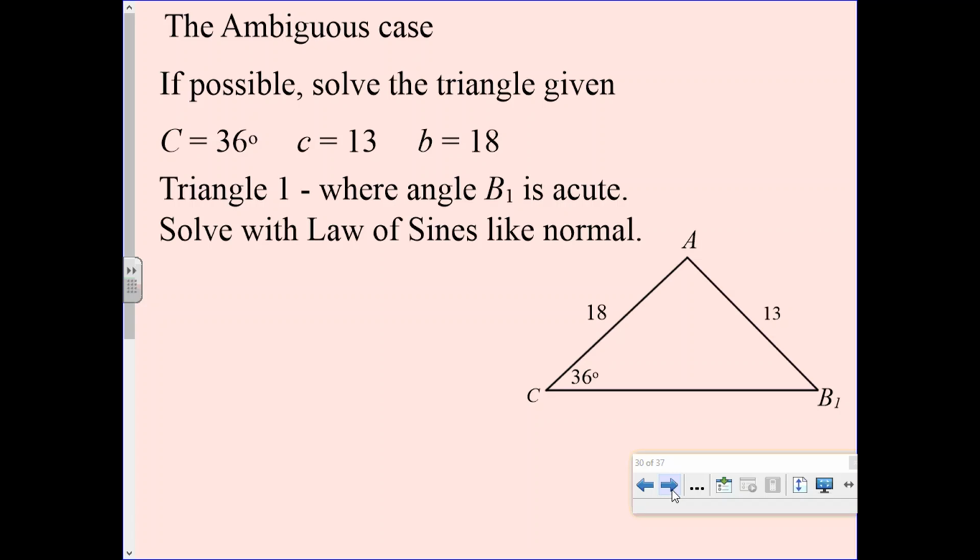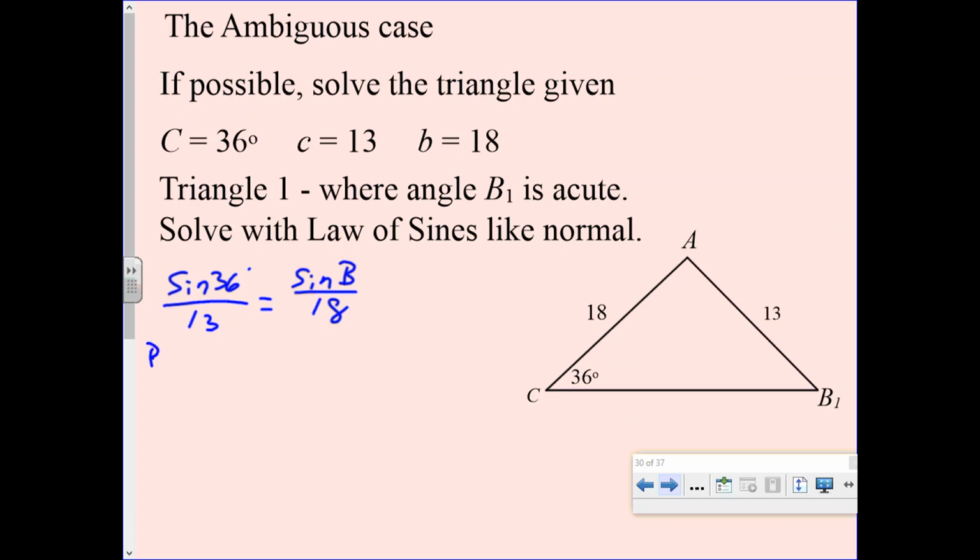So I'm going to go and find angle B1, set up my law of sines, and that's going to be sine of 36 divided by 13 equals sine B over 18. Okay, this is just what I did on that first example. I'm not even going to set up the algebra. I'm just going to set up what the final answer is going to be.